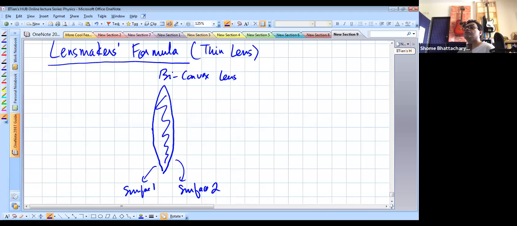So surface 1's pole is here and center of curvature is somewhere here, because surface 1 you can see is this one. So it's like this. And surface 2 center of curvature is over here. Okay. So in this case, we will call the line joining the two centers of curvature our principal axis.